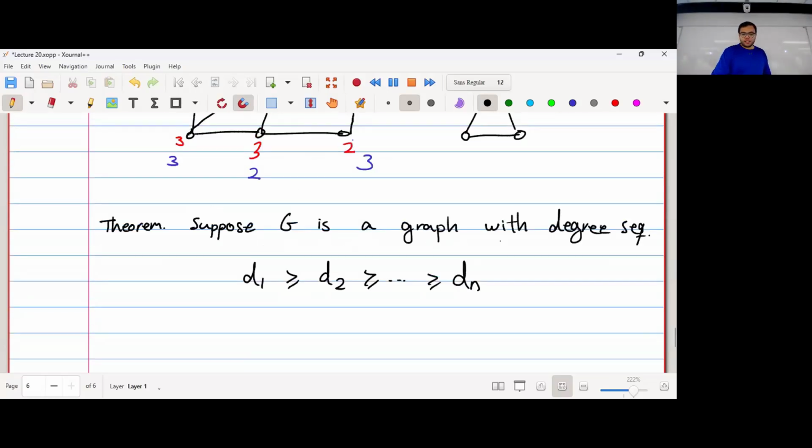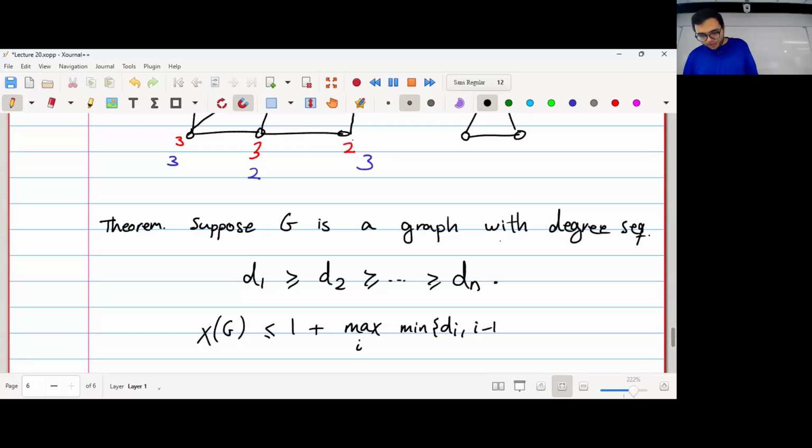What kind of bound would that give us? So this is the bound that I'm going to claim here. I'm going to say that the chromatic number of G is at most the maximum over every i of the minimum of di and i minus 1.